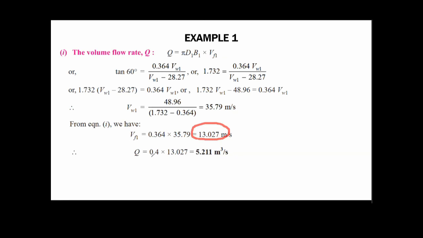Now we can calculate the volume flow rate by plugging in the area given in the question and the VF1 we just calculated, and we get the volume flow rate as 5.211 meter cube per second.